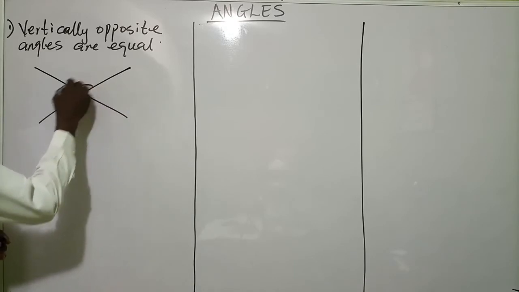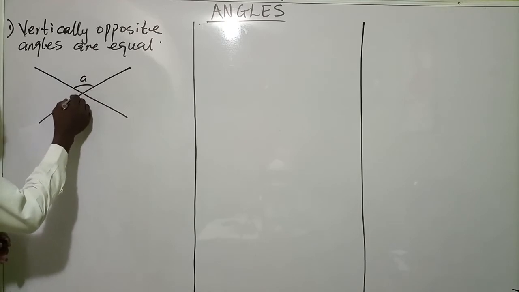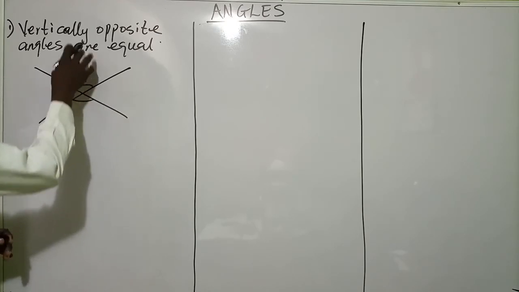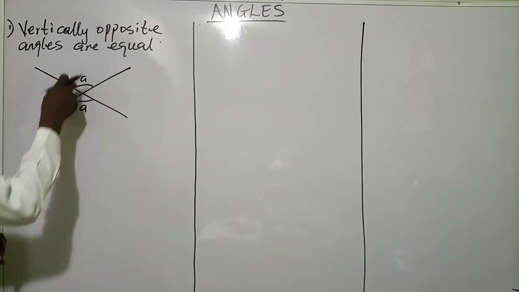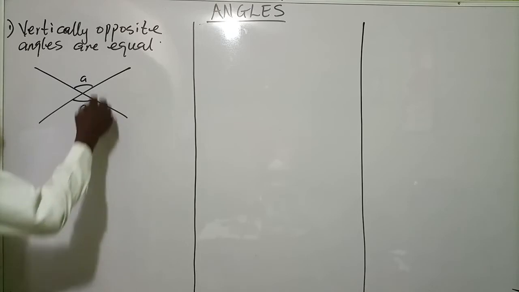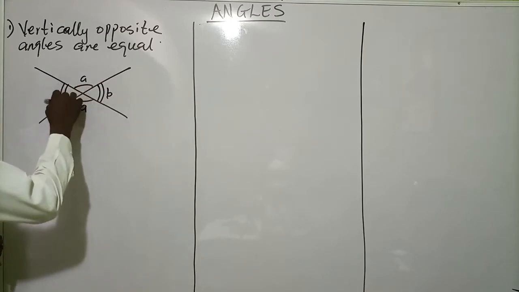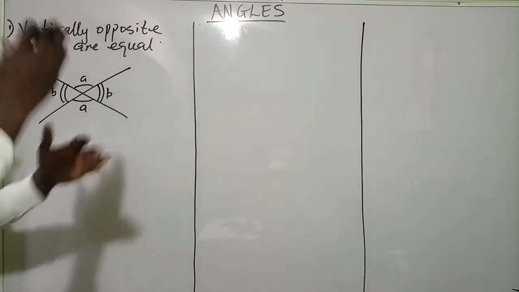Now let's assume we have here A. This angle here is vertically opposite to this angle. And this law says that vertically opposite angles are equal. That means that if this angle is A, this angle is also A. And if this angle here is B, this angle here is also B. This is what they mean by vertically opposite.